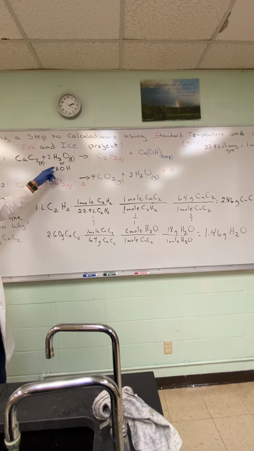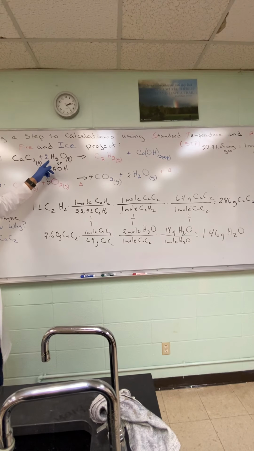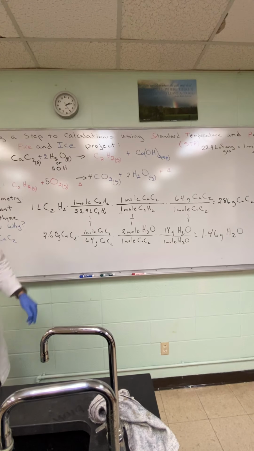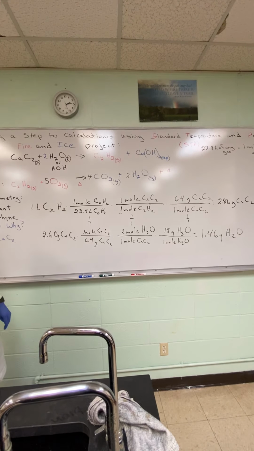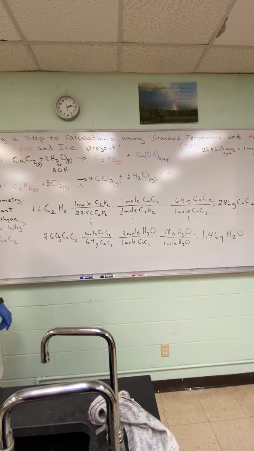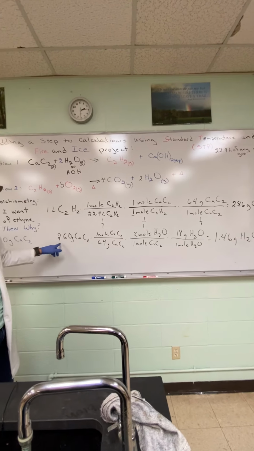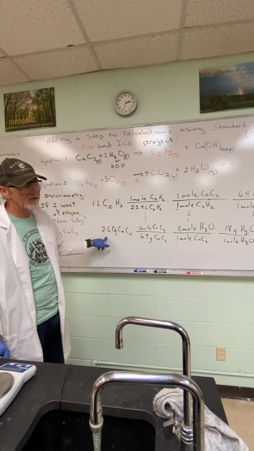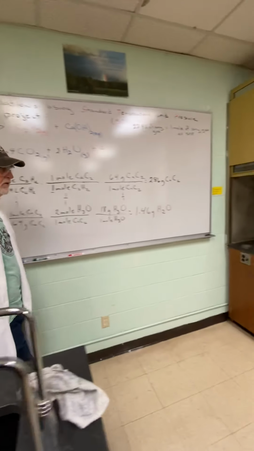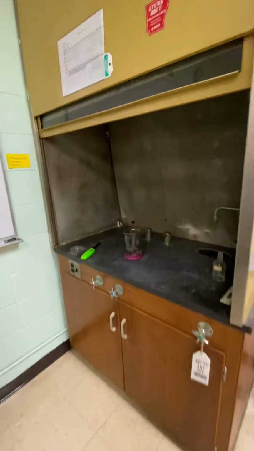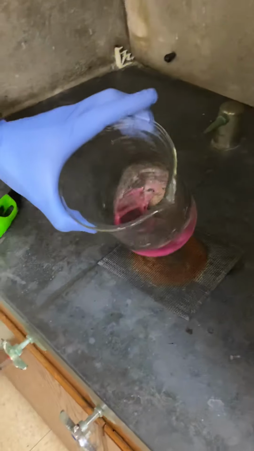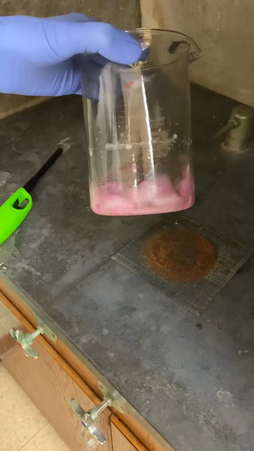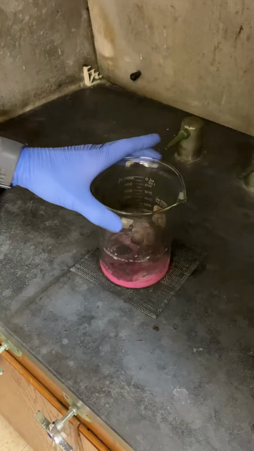In this case, you could calculate how much water was required, and obviously we had more water than was necessary to use all of the calcium carbide. If we go back and look, there are no more bubbles, and there's a lot more water. So our prediction on that one is indeed correct.